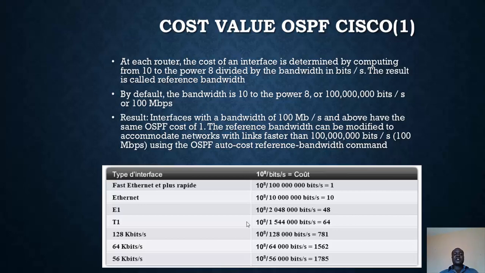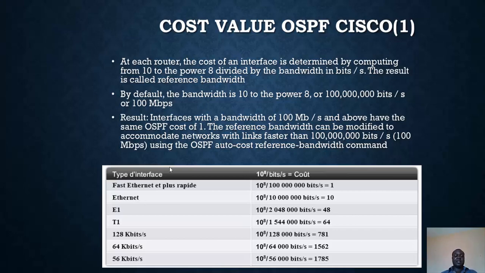As a result, interfaces with a bandwidth of 100 megabits per second and above have the same OSPF cost of 1. The reference bandwidth can be modified to accommodate networks with links faster than 100 megabits using the OSPF auto-cost reference-bandwidth command.